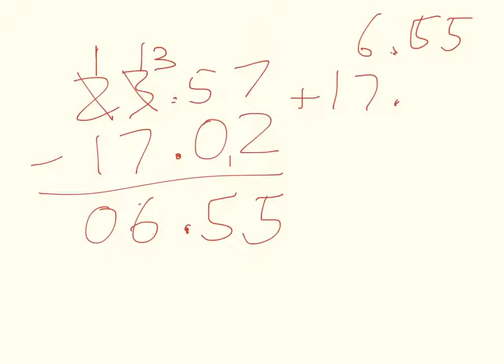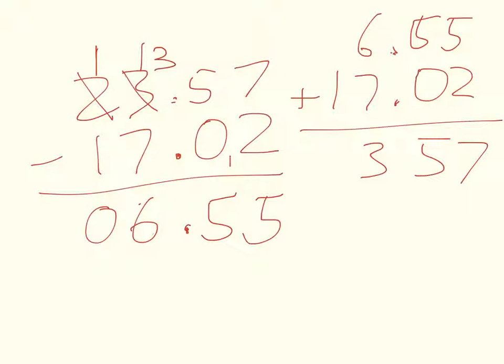Notice how I line up my decimal points. 5 plus 2 is 7. 5 plus 0 is 5. 6 plus 7 is 13, and carry the 1, 2. Don't forget, bring down the decimal point. And 23 and 57 hundredths is my answer. And that's how we add and subtract decimals.